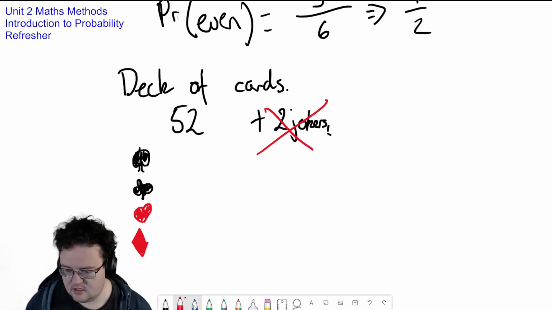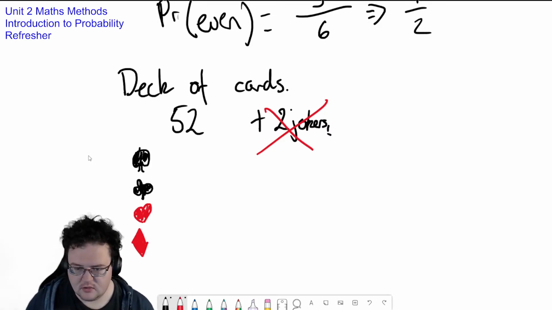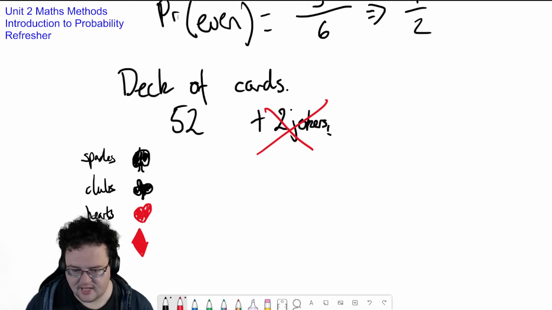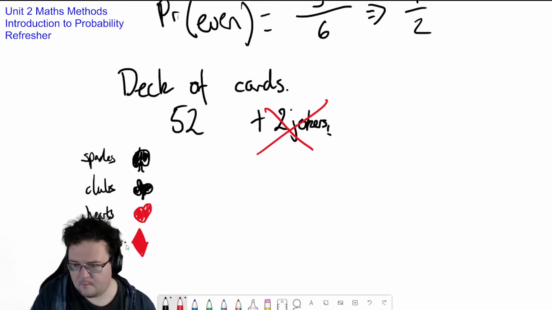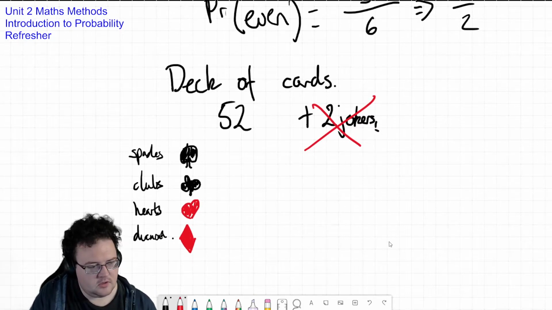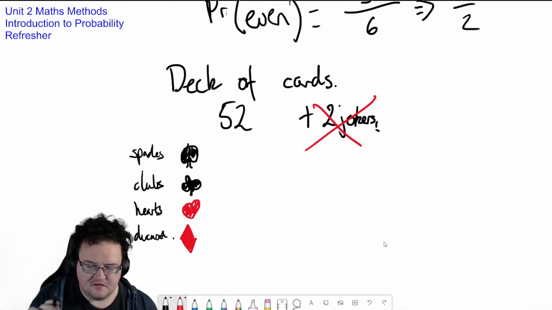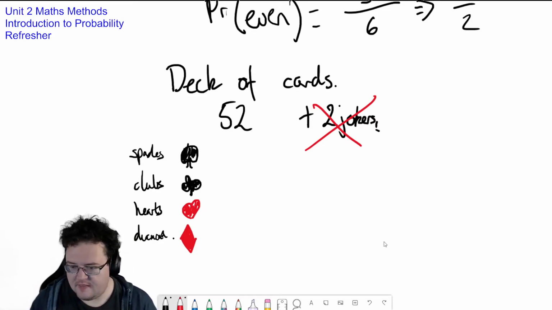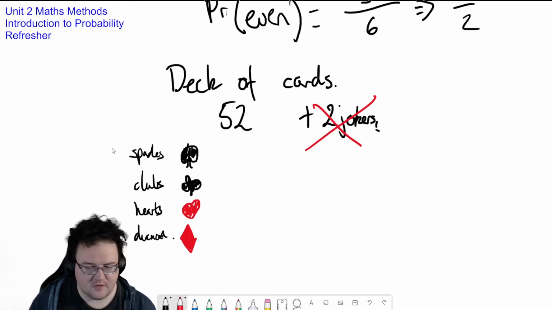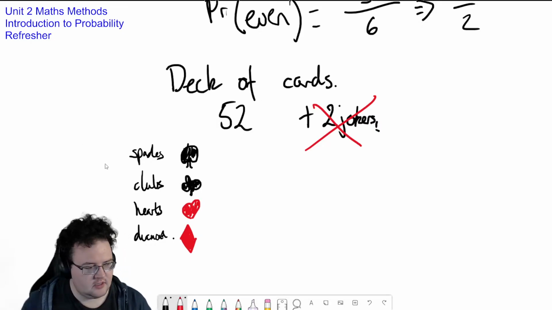Clubs and spades are printed in black. If I divide 52 into 4 even groups, that means that there are 13 cards in each suit.